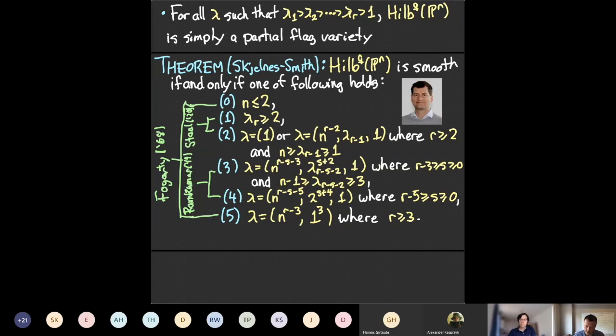And the miracle was when we sampled Hilbert schemes using these partitions, when there was a small number of 1s, we were actually able to do all sorts of calculations.